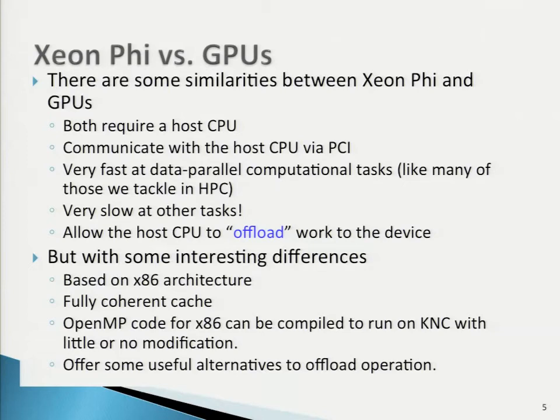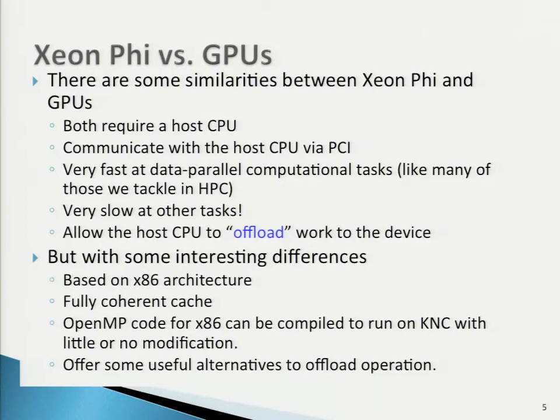And I've found this with quite a few codes. You just use the Intel compiler, you pass an extra flag, and it compiles. That doesn't necessarily mean that it's going to run very well. You might have to make modifications to get good performance. But at least making the first step in porting your code isn't too hard.